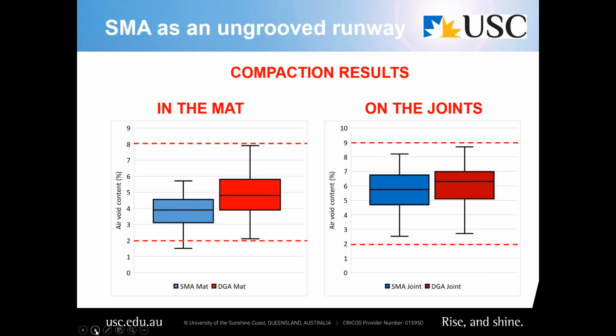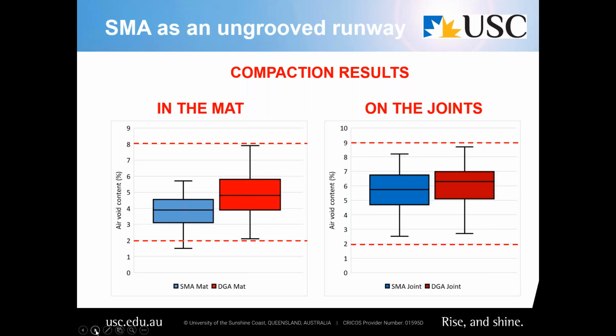The red dashed lines represent the limits, and you can see there that both on the mat, so away from the joins, and on the paving joins, the SMA had slightly lower air voids, generally between 0.5% and 1%. There was just one little non-compliance where the air voids actually got down to about 1.7%, but that was one result out of about 300 results, I think, from memory.